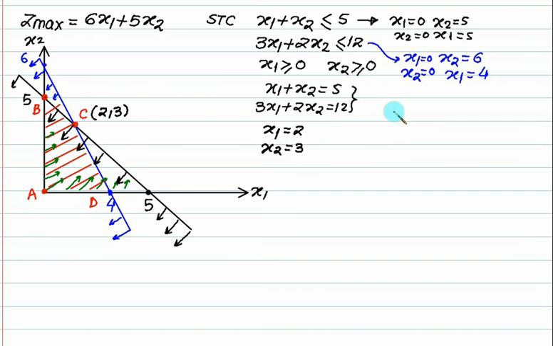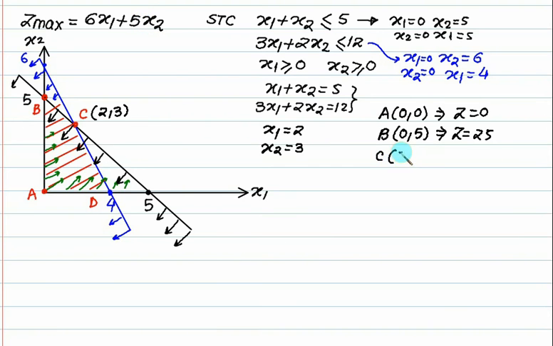So we are able to calculate the value of Z max for each point. For point A we have 0, 0, so our value of Z is also 0. For point B, our x1 will be 0 and x2 equals 5, so Z max equals 0 plus 5 into 5, which is 25.